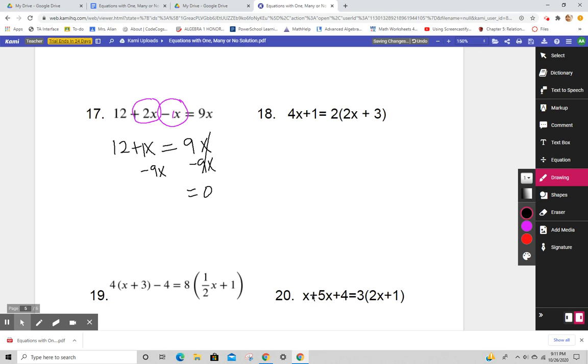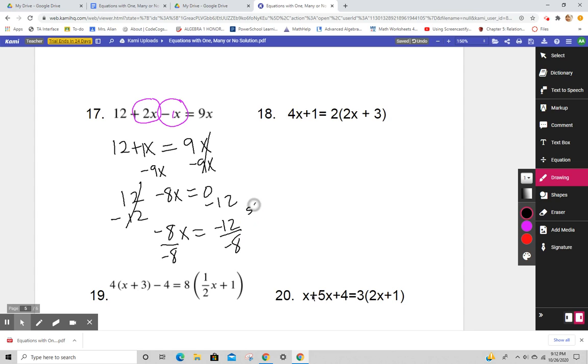1x minus 9x is negative 8x, and we still have our 12 here. Okay, let's subtract 12 from both sides. So we'll have negative 8x equals negative 12. Divide both sides by negative 8.